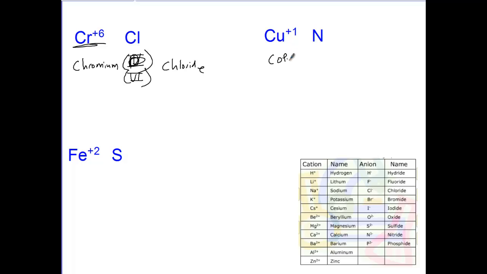So I've got copper, and I put the Roman numeral 1 in there to represent its charge. And then I put nitride for nitrogen. Iron is also a transition metal, so I've got iron. I put Roman numeral 2 in there for its charge, and it becomes sulfide. So remember, when it's a transition metal, you always have to put in a Roman numeral to show you what the charge is.